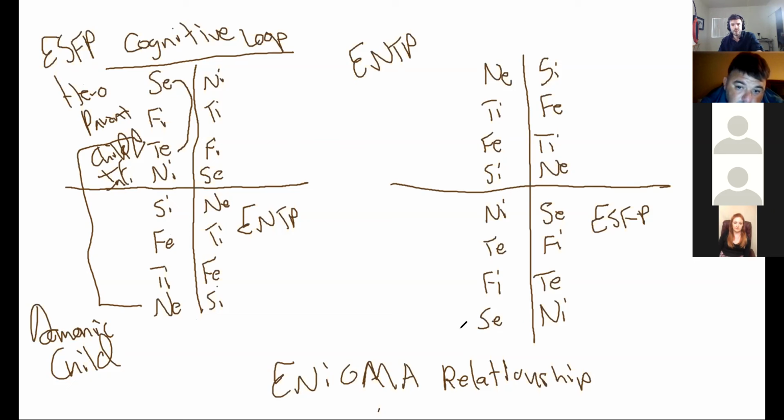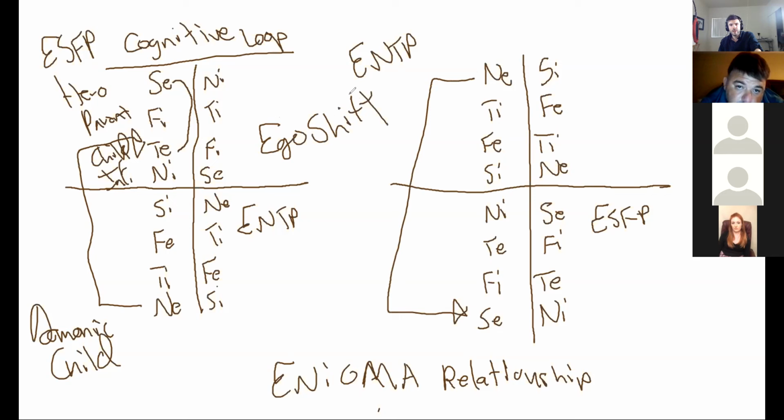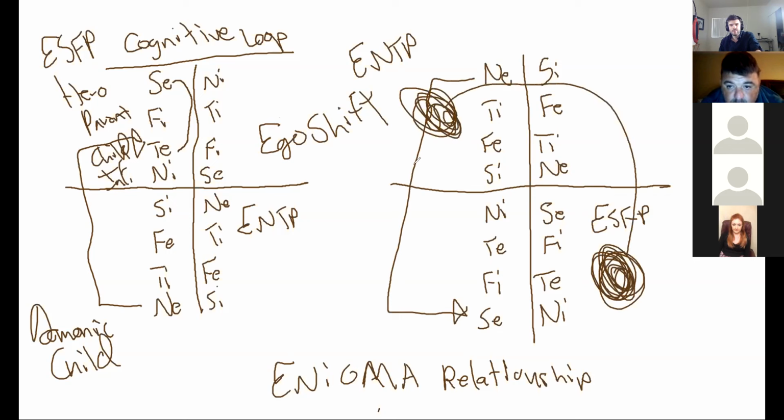So the demonic hero occurs after what we call an ego shift. An ego shift is basically when this here, the superego, and this here switch places. And it changes everything.